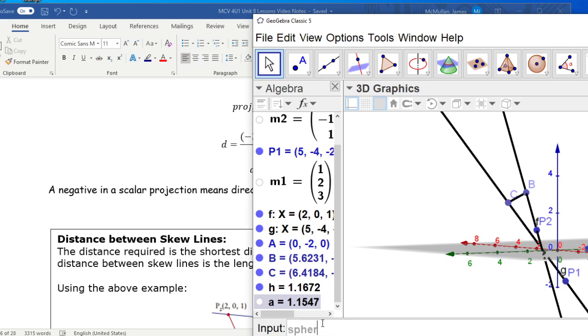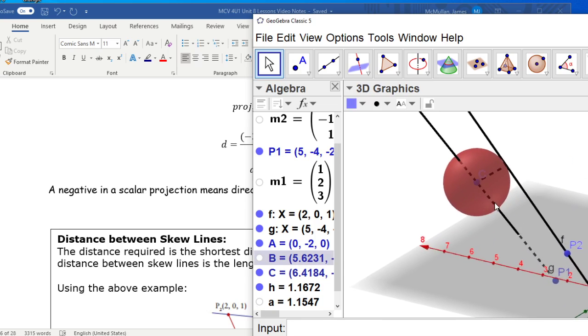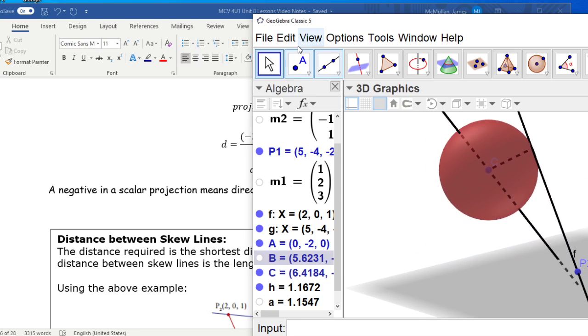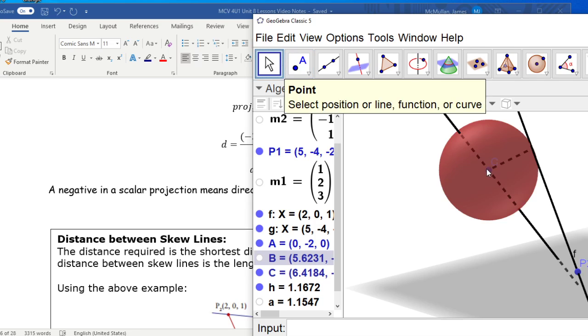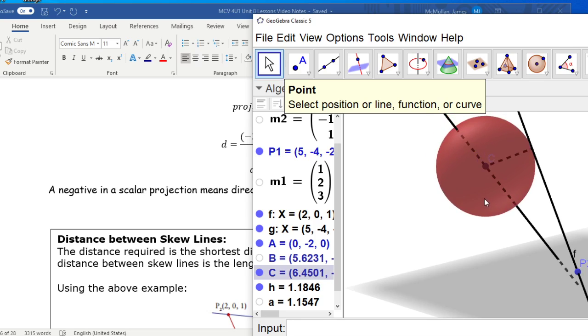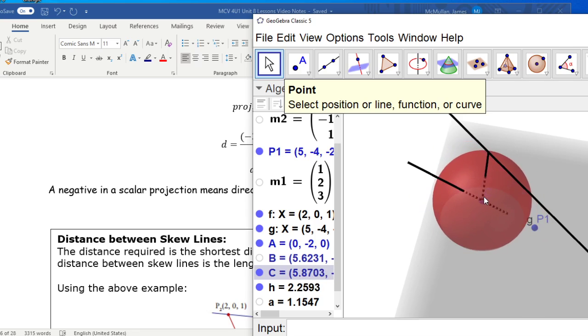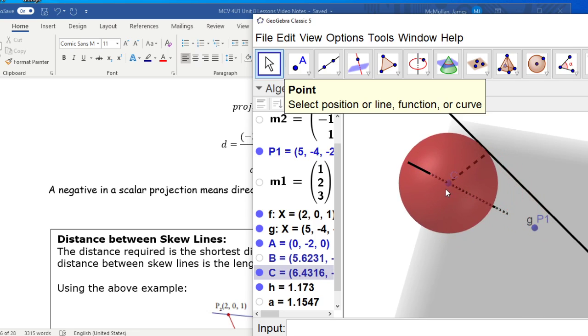So if we draw a sphere located at point C with a radius of A, and we'll just hide point B for a sec and zoom in a little bit, we should be able to show that that sphere is exactly the right distance away, the closest that you could ever get.